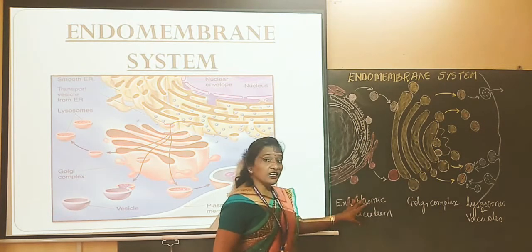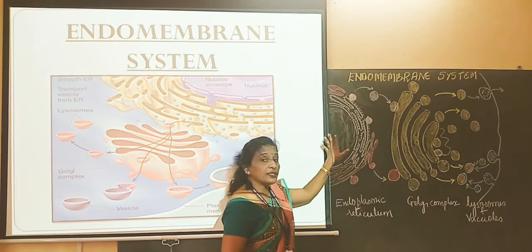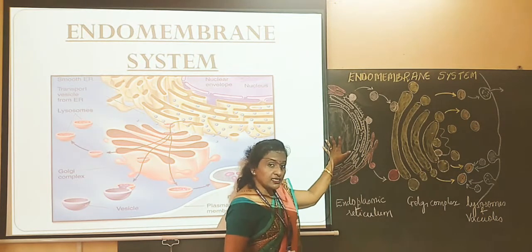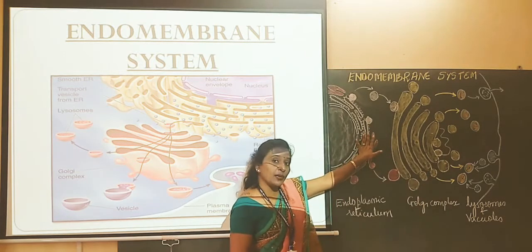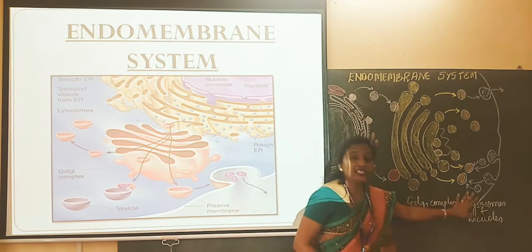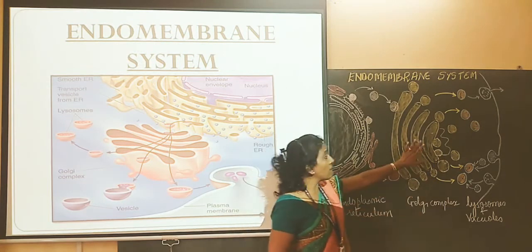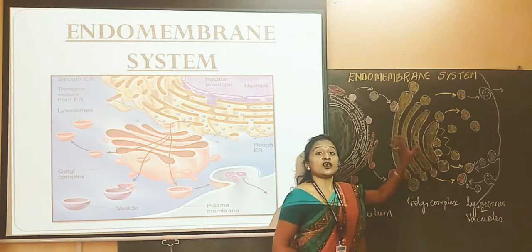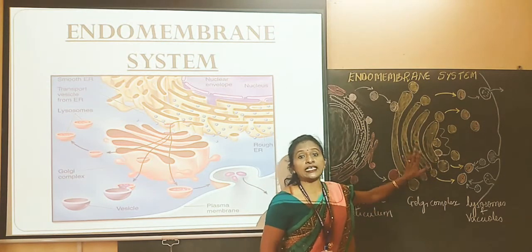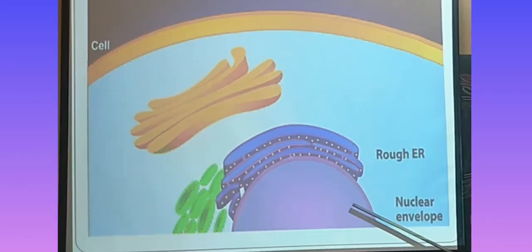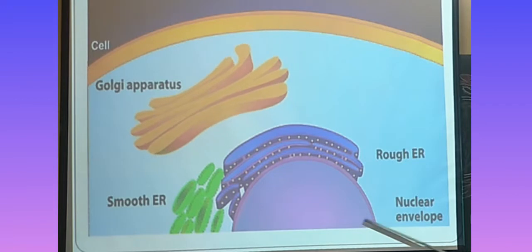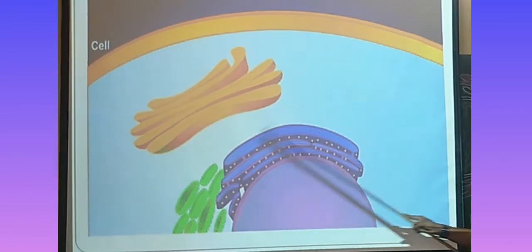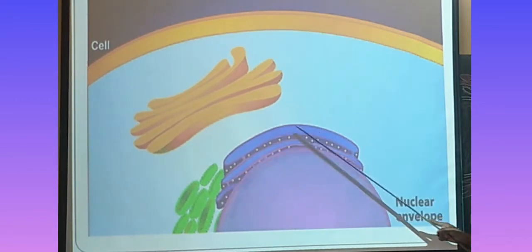Okay, we see here endoplasmic reticulum is associated with the nucleus. Golgi complex is associated with endoplasmic reticulum, and lysosomes and vacuoles are formed from the Golgi complex or Golgi apparatus. Here we can see the nucleus with the nuclear membrane associated with the endoplasmic reticulum.